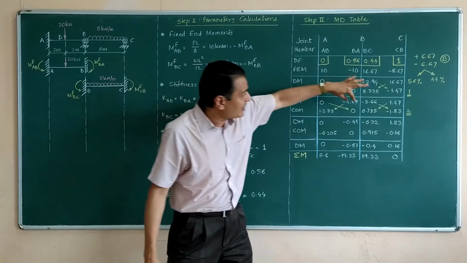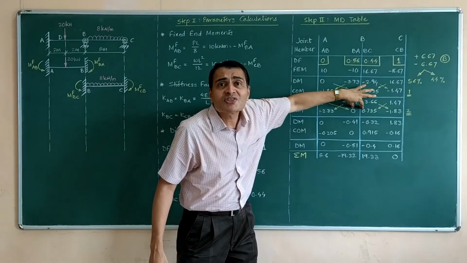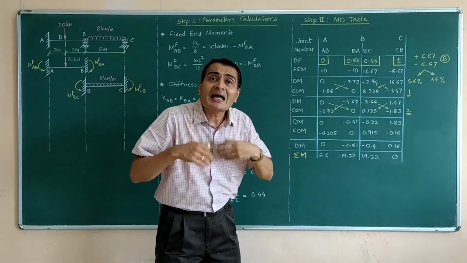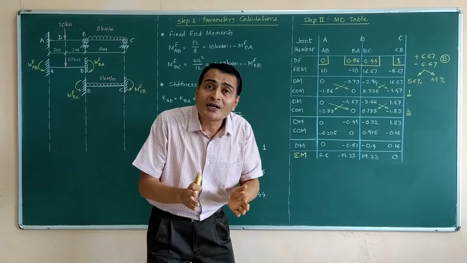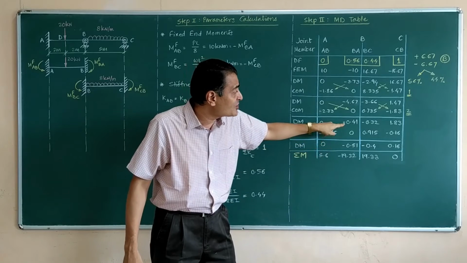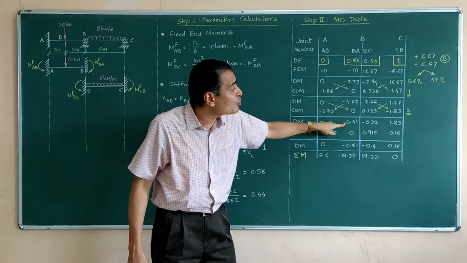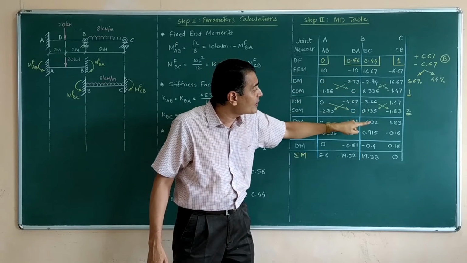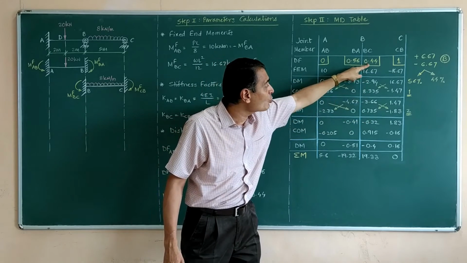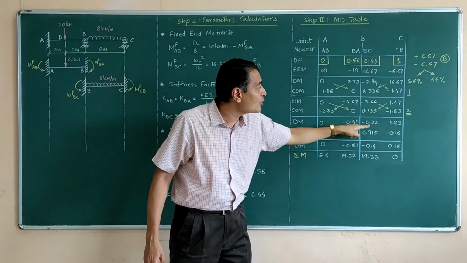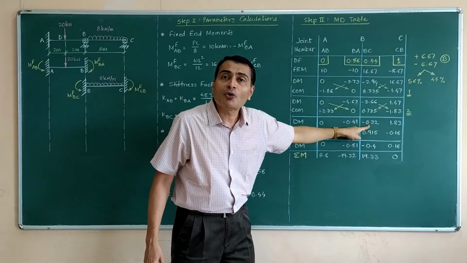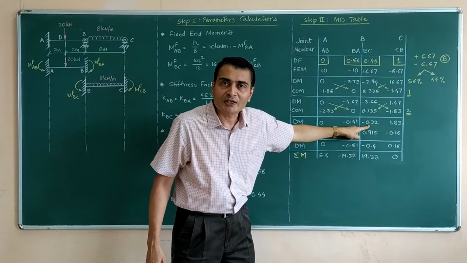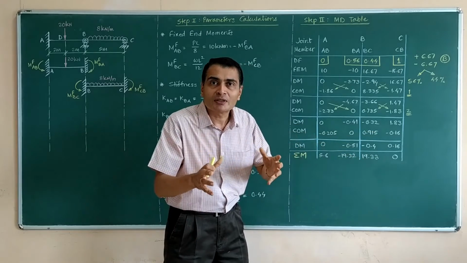Again, there is an imbalance of 0.735. So I apply negative 0.735. It gets distributed as negative 0.735 into 0.56 and negative 0.735 into 0.44. Those values are negative 0.41, negative 0.32. Please check, actually calculate.